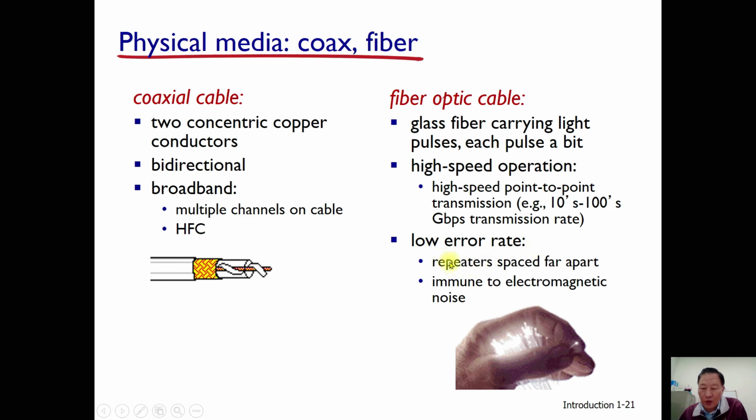Thus, to send to a long, far away, distant area, repeaters should be used. But when we are using the repeaters, they will be spaced far apart. Thus, that will be better and more economic, and also more immune to electromagnetic noise. Even in the subway that is using high electric voltage, there may be electrical noise, but this fiber optic cable is installed there, and that is very immune.